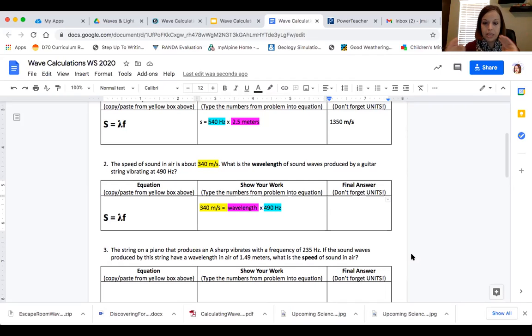We just want our general answer, right? So we're going to say 0.69, and instead of putting the 38, I'm just going to put 4. I'm going to round up. So 0.694, and wavelength is actually measured in meters, okay? So there's number 2 for you. I'm going to stop my recording.